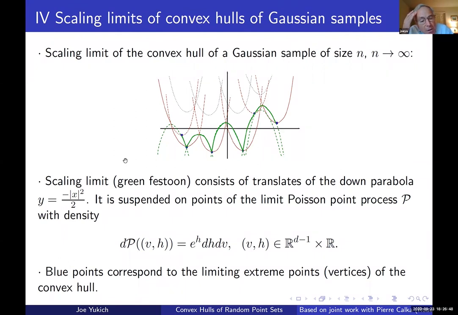And if the points are not uniform in the unit ball, if they're put down with an arbitrary density, the same transform will work. And it turns out that the density of the original sample is important, but it's only the density near the boundary of the unit ball that will contribute to the asymptotics. I see.